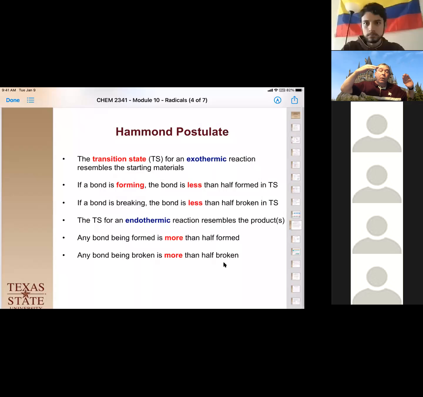The bond being formed is more than halfway, and the bond being broken is more than halfway. So it's looking more like the products, because the leaving group has left more, gotten further away from the nucleus. So that's the difference: in an exothermic process, the leaving group is less than halfway gone. In the endothermic process, the leaving group is more than halfway gone. Look at it that way.